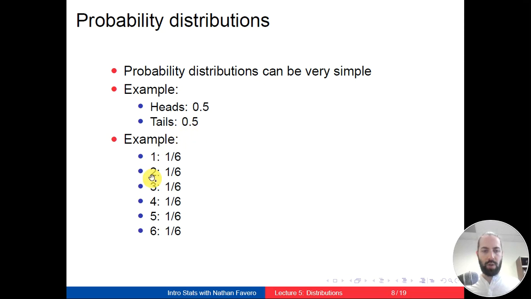What about this distribution? What do you think this probability distribution describes? The roll of a regular die, a six-sided die. So you can see these are all of the possible values that we could get from a die roll, and this is how likely each of them are to occur, or what the probability of each of them occurring is.